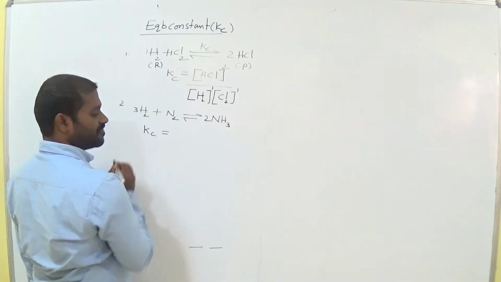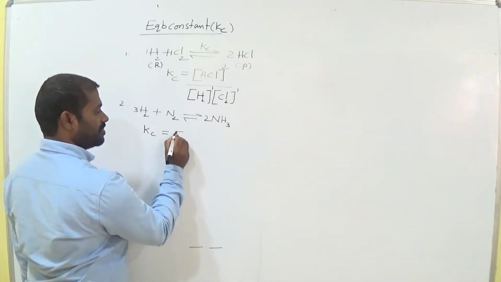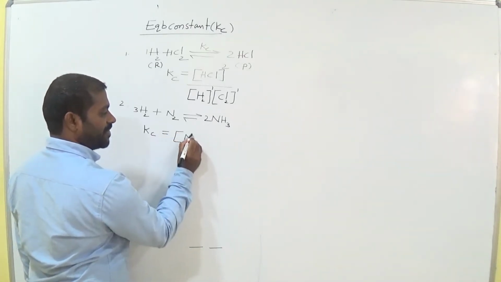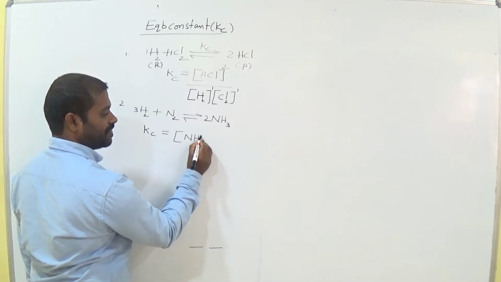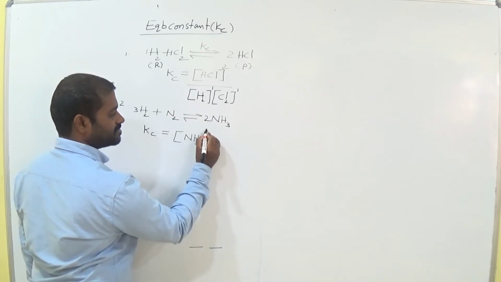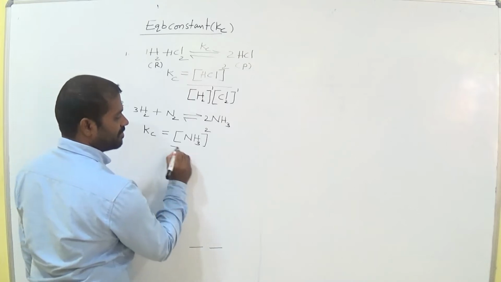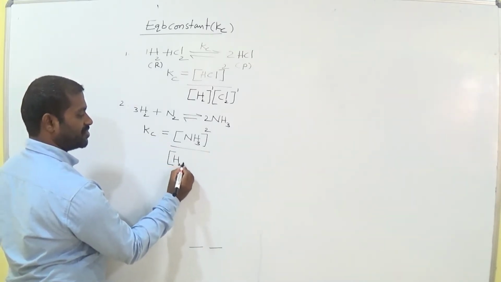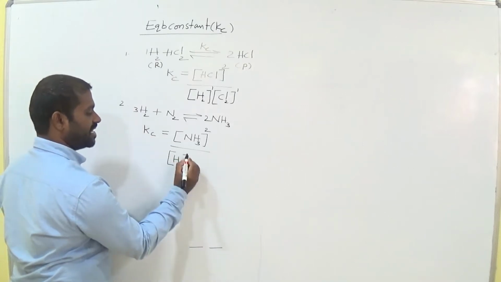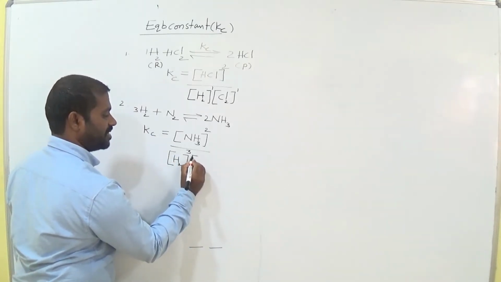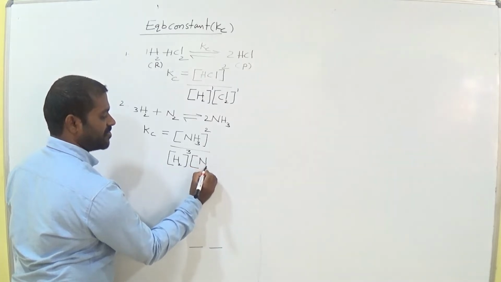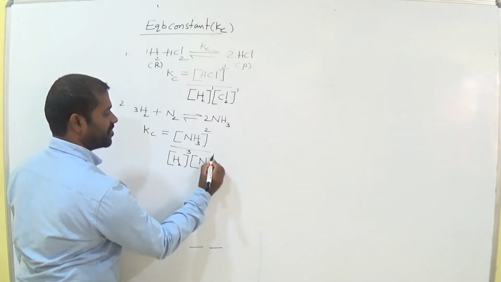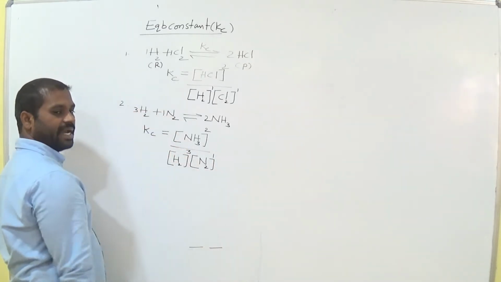Kc is equal to the molar concentration of NH3 power 2 by the molar concentration of H2, the coefficient here 3, into the molar concentration of N2 power 1. Why? Because it is 1 of N2.